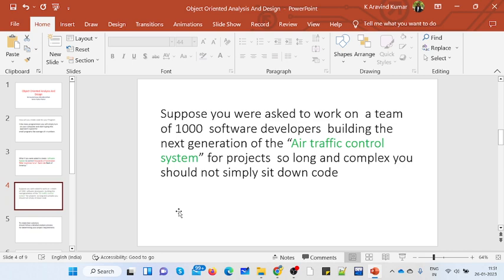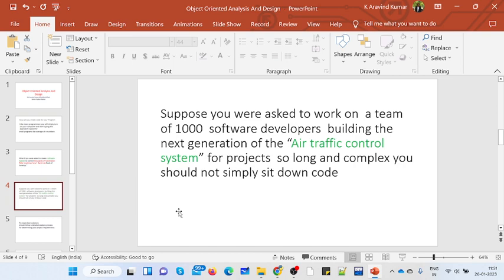Think of all the helicopters and aeroplanes moving in the air; that is called air traffic. To control them, there is a system called the air traffic control system. Developing software for it is also a very complex task.